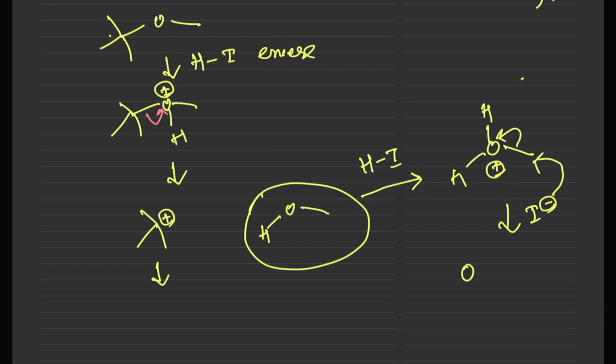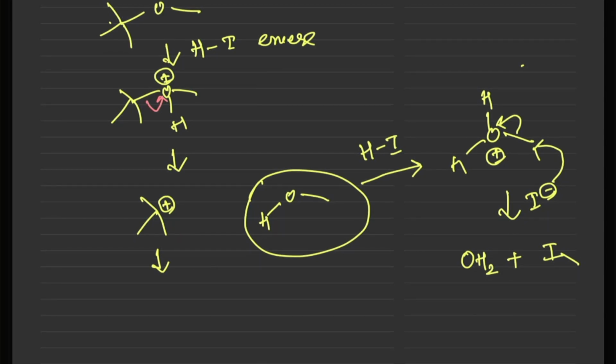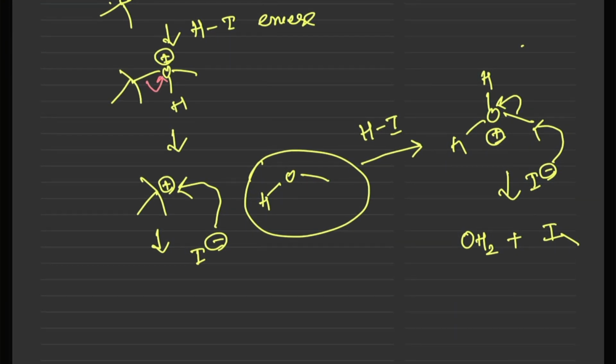So you get your water plus CH3I. On this side you also have your I minus, so the I minus will do an SN1 reaction right here. It will go towards the carbocation and you end up making this. So you have two products. Either way, how the reaction is proceeding is what matters.